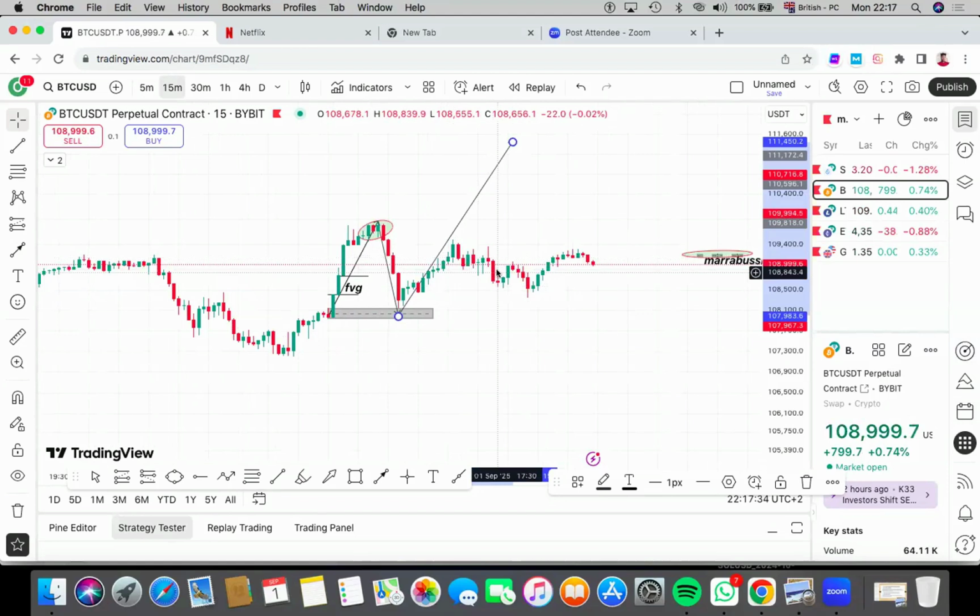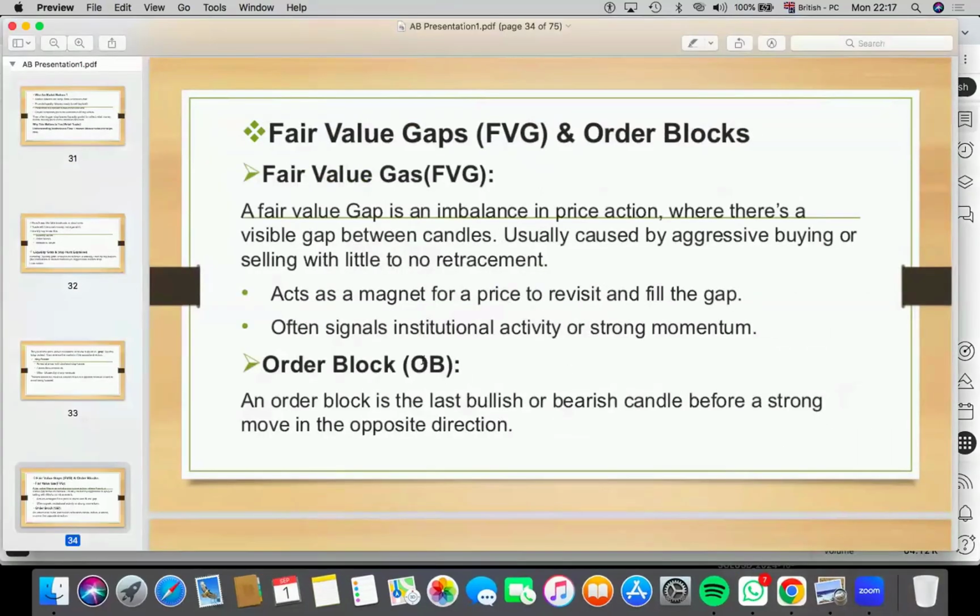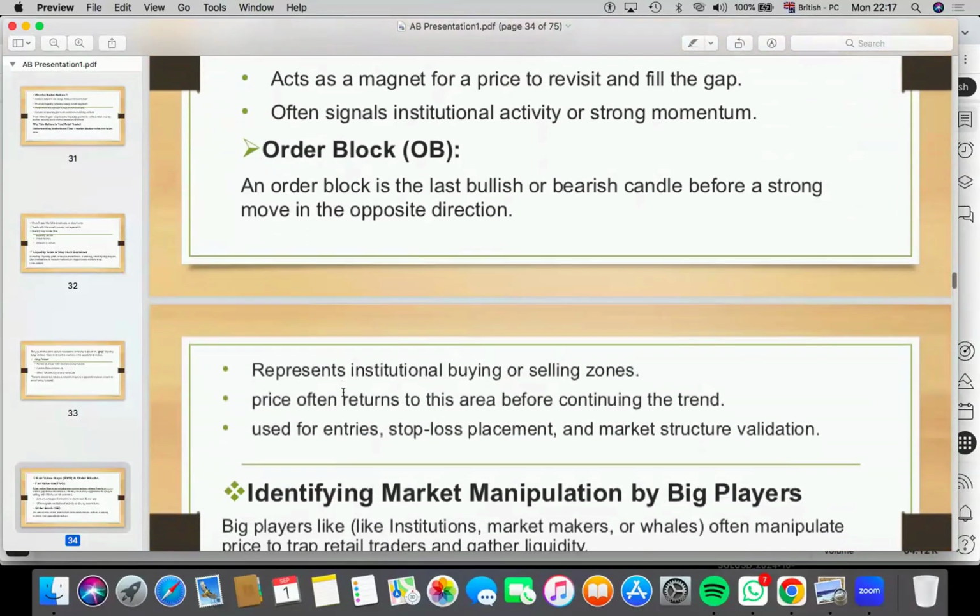So there are orders that are not fulfilled. If you go back to the slide, you will see an order block is the last bullish or bearish candle before a strong move in the opposite direction, representing institutional buying or selling zones. Price often returns to this area before continuing the trend.